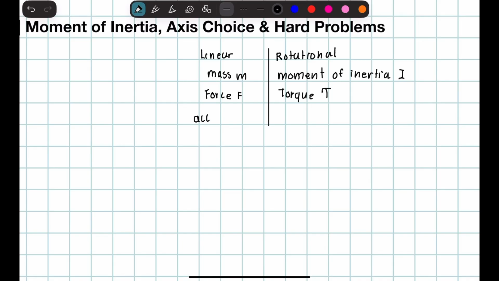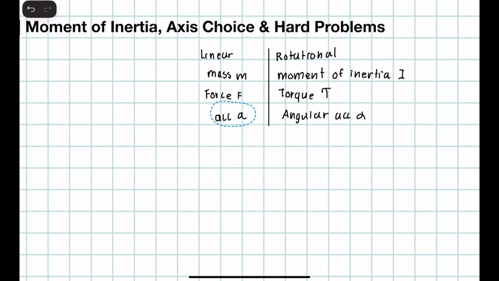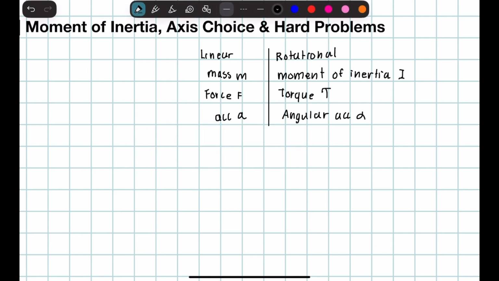Then you have acceleration a, and angular acceleration alpha. So moment of inertia plays the same role that mass plays in translation.